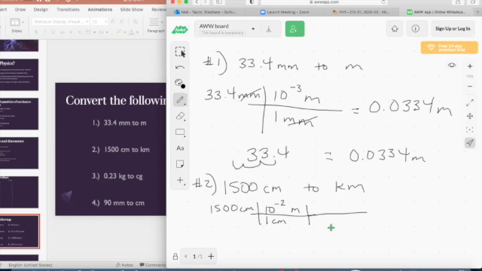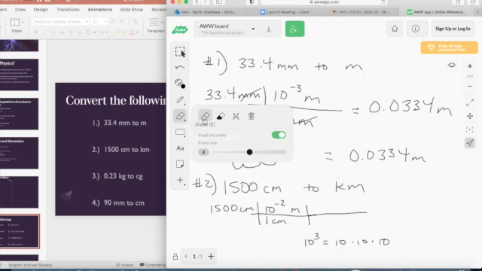So it was 10 to the 3rd power for kilometers. So 10 to the 3rd power is the same thing as saying 10 times 10 times 10, 3 times. All right. So we know that 10 times 10 is 100, and then 100 times 10 is 1,000. Okay, so let me erase that off.